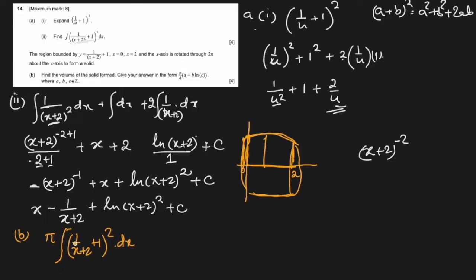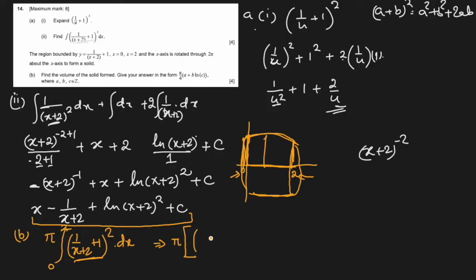This is how we find the volume by rotation of this function by 360 degrees or 2 pi about the x-axis. And we have already integrated this. This is the answer of integration, and we have to write from 0 to 2. So let's substitute these 0 and 2 here and write pi in front. So pi.